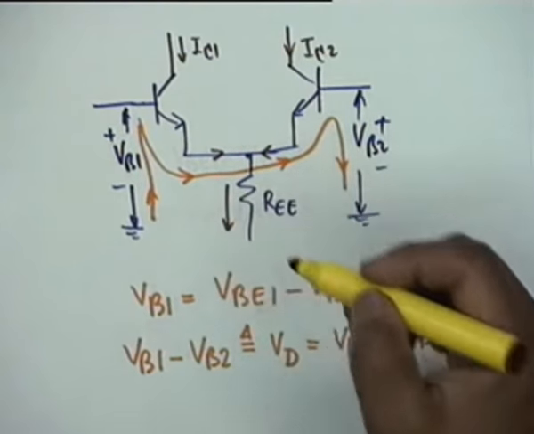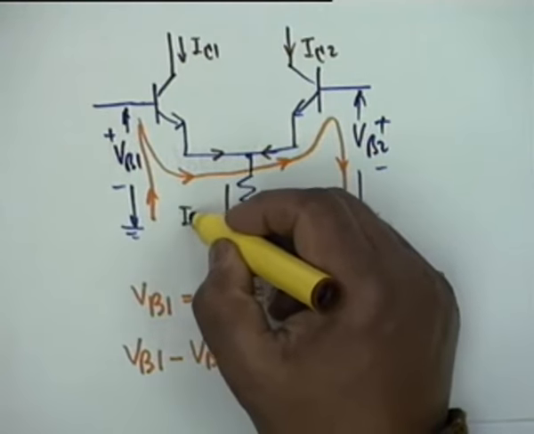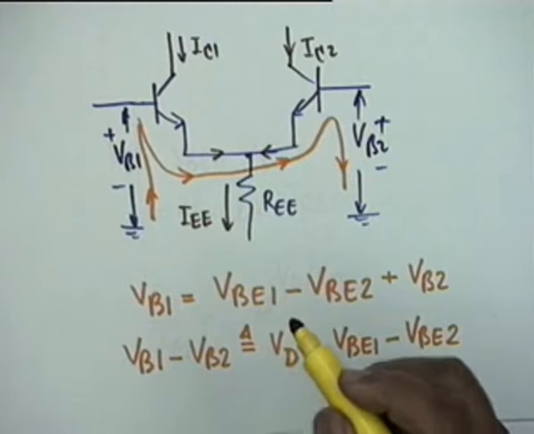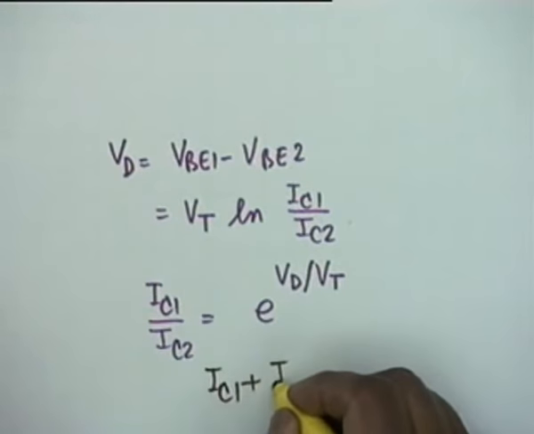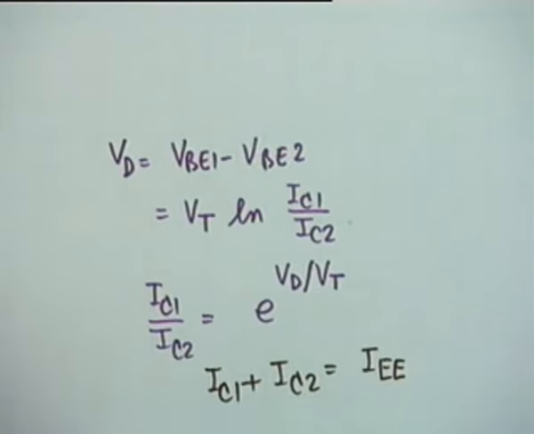So the emitter current, the current through REE, IEE, is equal to IC1 plus IC2. Therefore, this gives us the second relation, that is I sub C1 plus I sub C2 is equal to IEE.